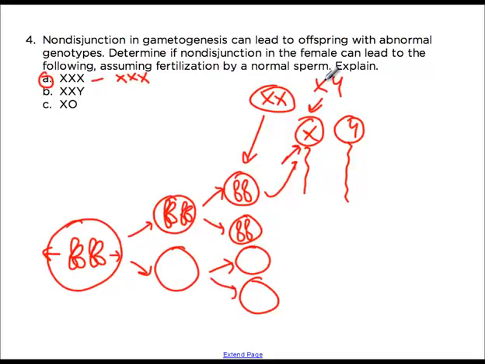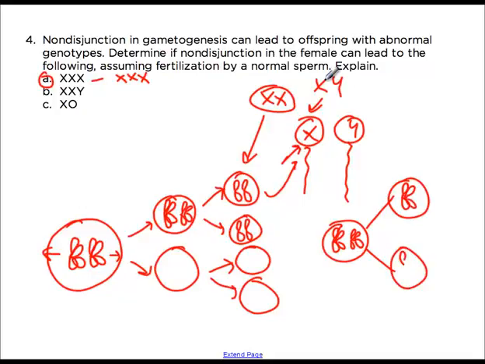Now, that's enough to really answer the question because you say yes, it can. We just showed you how. But if non-disjunction occurs in meiosis II, just for the record, it can still happen because say meiosis I goes fine, then you end up like this, right? But if non-disjunction occurs in meiosis II, again, you'll get one gamete that has both the X's in it, one that has none.